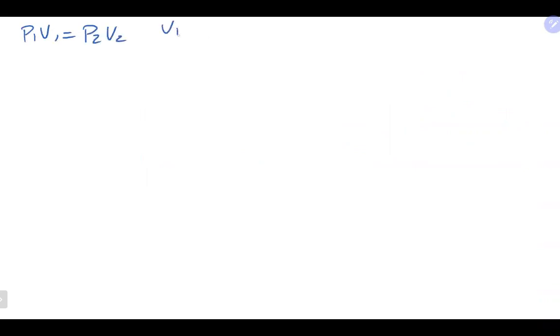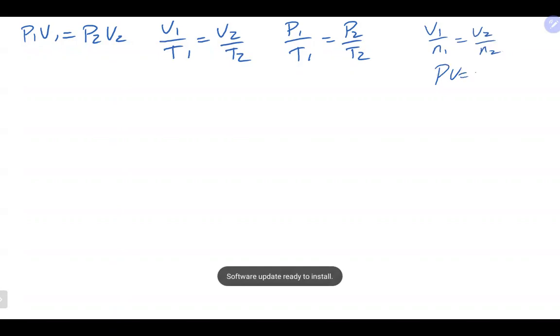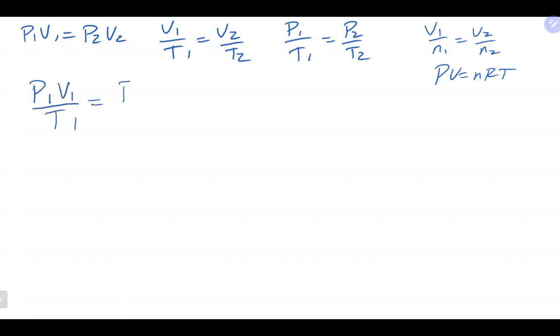We had V1 over T1 is equal to V2 over T2. We had P1 over T1 is equal to P2 over T2. And we had a couple of other ones, but we're not too worried about Avogadro and our ideal gas law. The one we just learned is a pretty good one to help you remember the others. So if you just want to learn one gas law, learn this one.